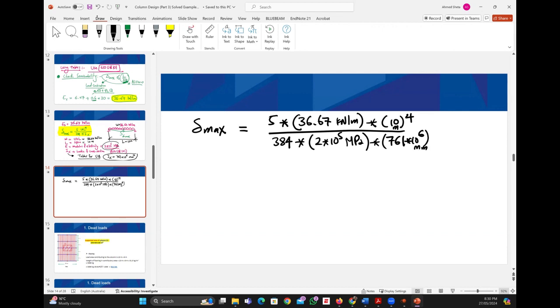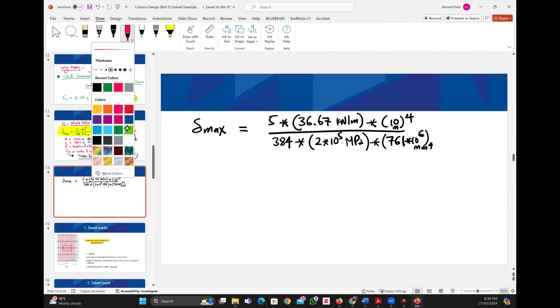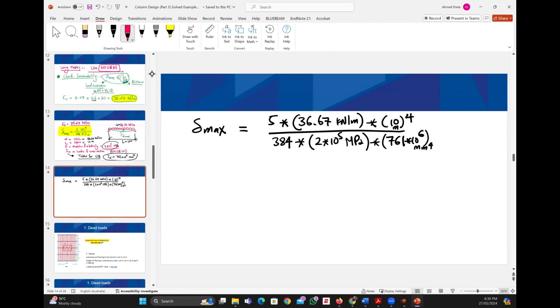This is in millimeter to the power 4. Are the units consistent or not? For example, here, kilonewton and meter. Here, meter. But here in millimeter. Here, megapascal. What is the equivalent unit to megapascal? Newton per millimeter square. So now we have some units in Newton, some in kilonewton, some in meter, some in millimeter. So this is not correct. So we need to make the units consistent.